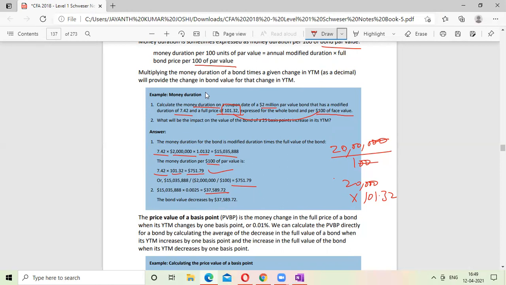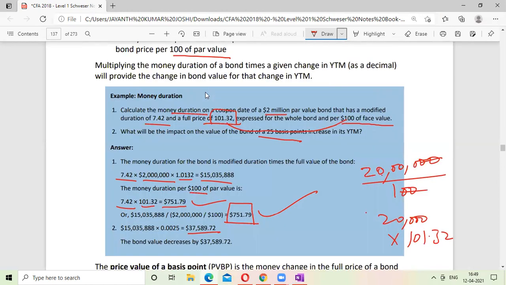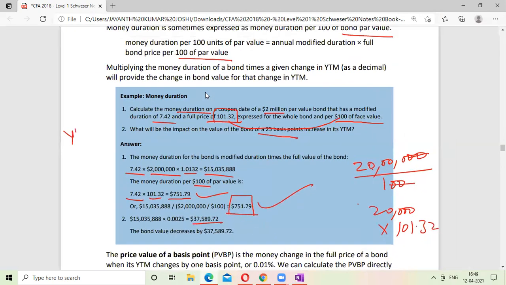So if, for example, you can see here, this is the first question. We have found out the money duration. Money duration is measured in terms of currency. This is the currency value. Now let us see what will be the impact on the value of the bond of a 25 basis point increase in its YTM. That means if the yield to maturity increases by 25 basis points, definitely the bond value will decrease, but by how many dollars?